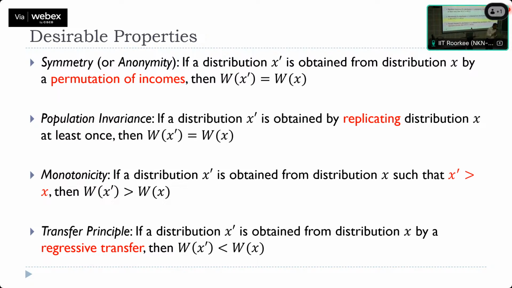Take the average. You have 1, 2, 3, 4. You take some money from the second person who had 2 and give it to the richest person. So your distribution becomes 1, 1, 3, 5. Did the average change? Average is exactly the same.